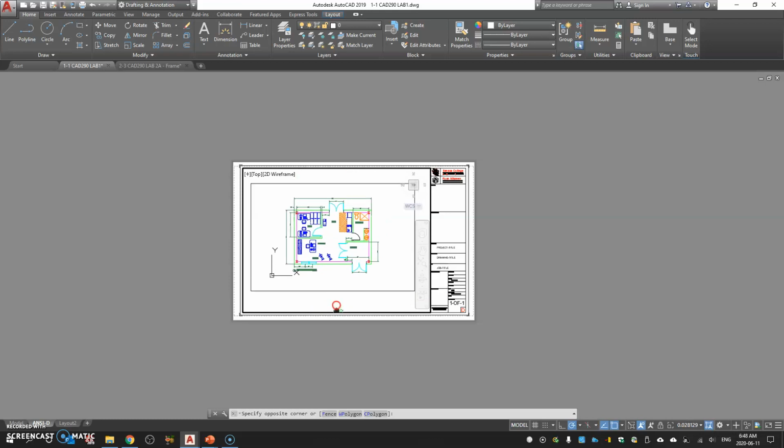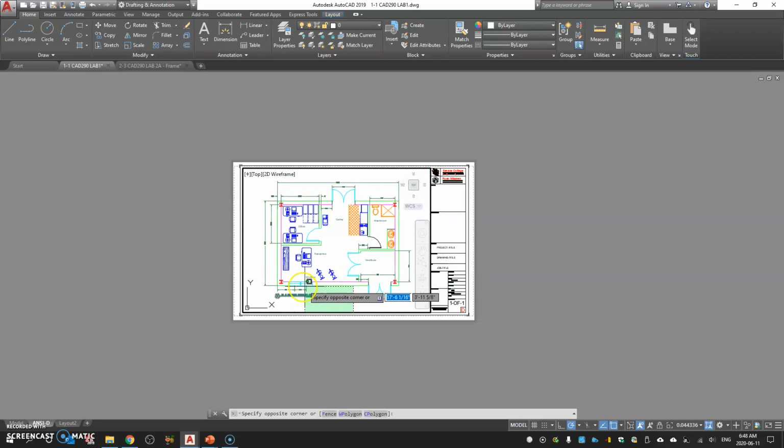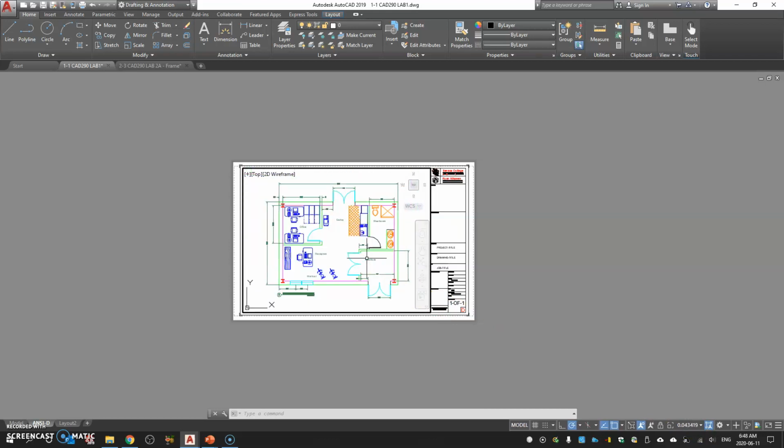If I zoom in and I see that, okay, for example, this much is good enough for me. This is a good scale. There is a number here that is changing. Look at this, by zooming in and zooming out. This is the scale factor. So basically, AutoCAD is giving you a scale factor in layout. Okay, so this is the scale factor.